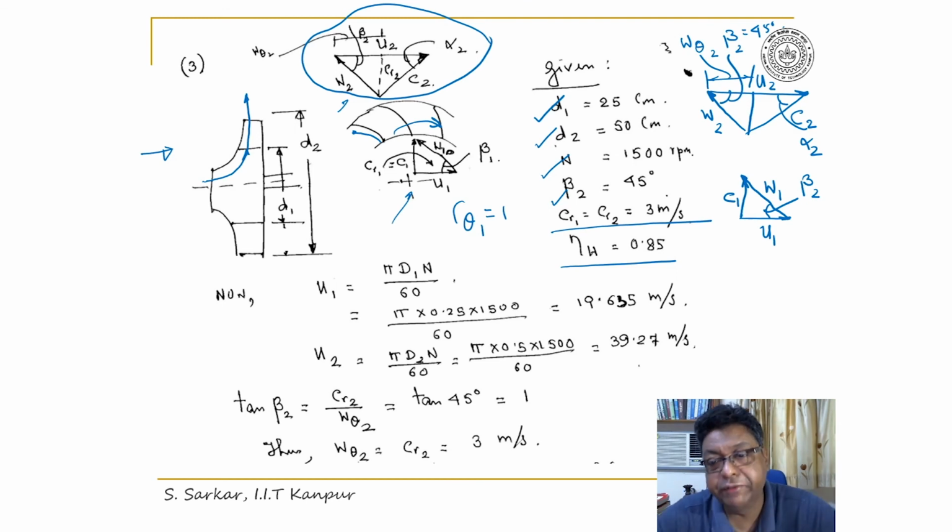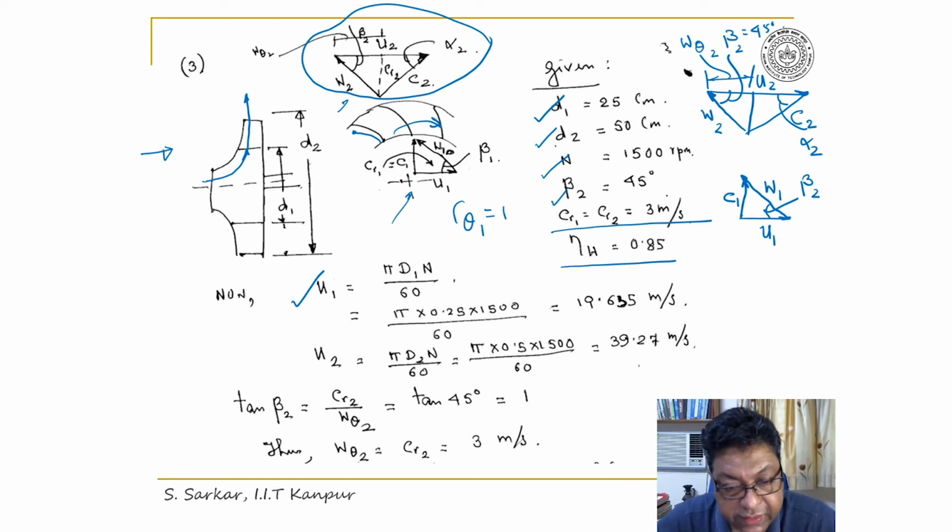Now, after drawing the velocity triangle, I can solve the problem. U1 is equal to pi D1 N by 60. N is given as 1500 rpm. D1 is given in centimeter, so convert to meter.